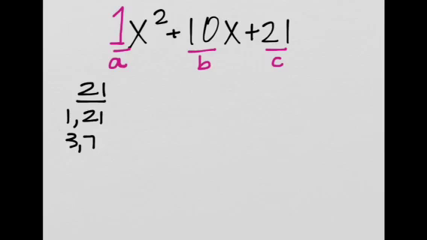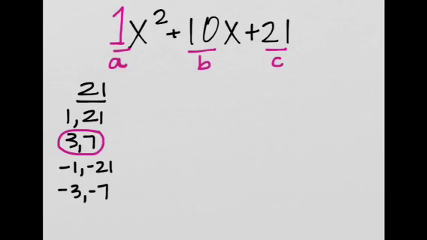Now you also want to remember that because 21 is positive, negative 1 and negative 21 and negative 3 and negative 7 are also factors. Once you have your factors listed, you want to find which combination of factors will add together to give you your b, which in this case is 10. So we get our b from the combination of 3 and 7.